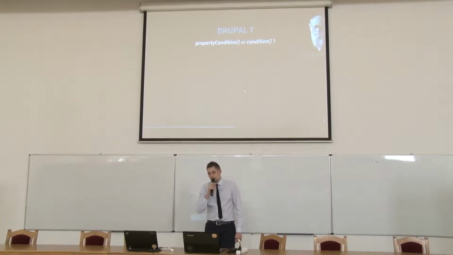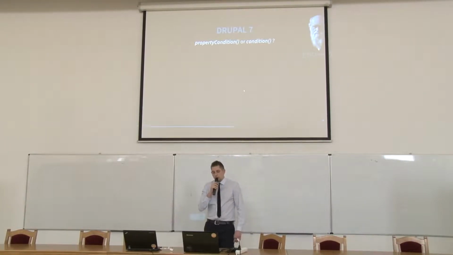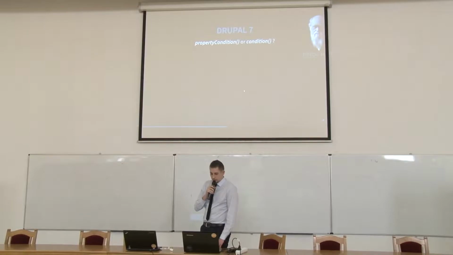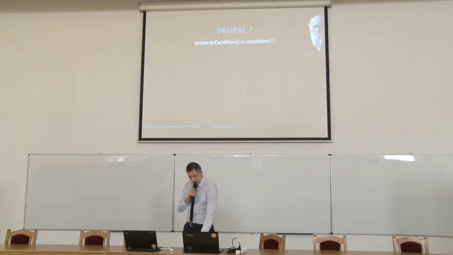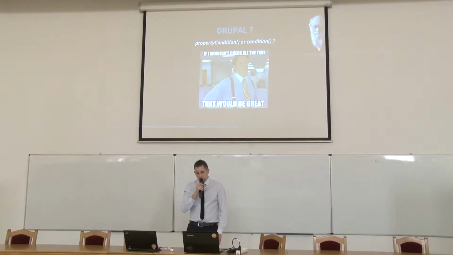But that was confusing because we didn't know every time which one to use, the condition or field condition, and we had to check it. It takes some time. So if we know what to use at the time, it will be really great.